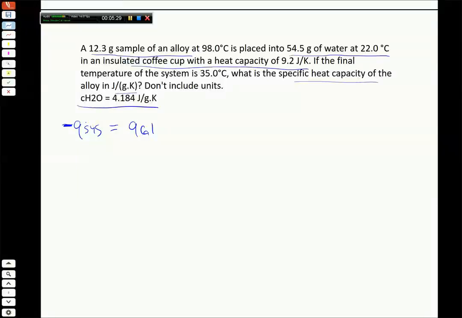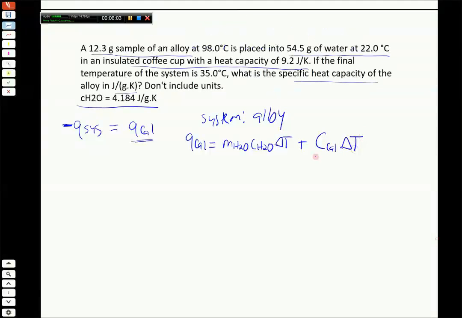And then, what we're going to do is, in this case, the system is the piece of metal that we're putting into the calorimeter, the alloy as we're calling it here. And then the calorimeter, Q calorimeter, is going to be, just like we do in calorimetry problems involving chemical reactions, the mass of the water in the calorimeter, heat capacity of water times delta T, plus the heat capacity of the calorimeter itself, which I abbreviate with capital C, times delta T. Alright?